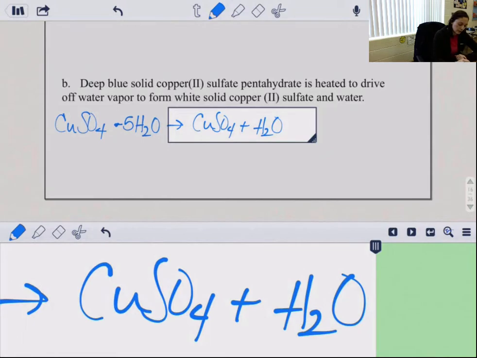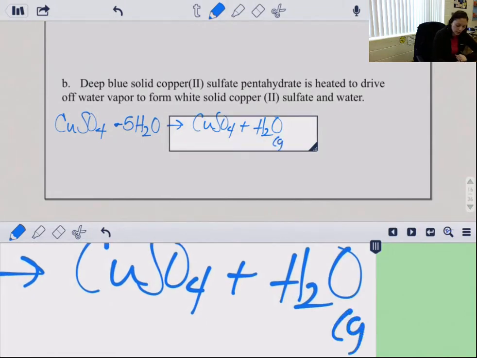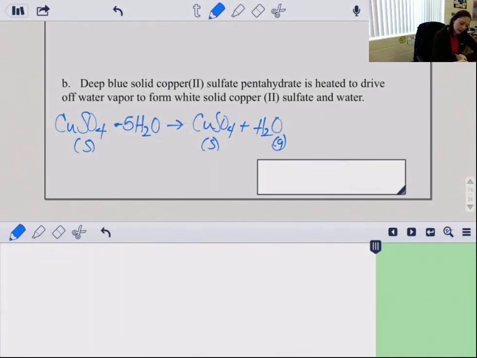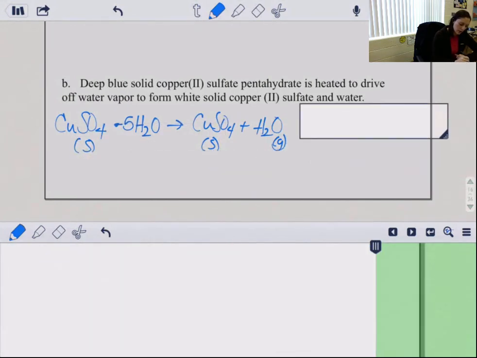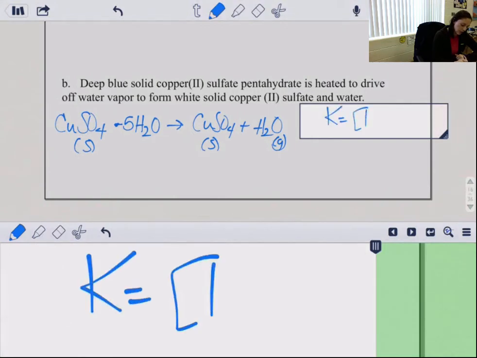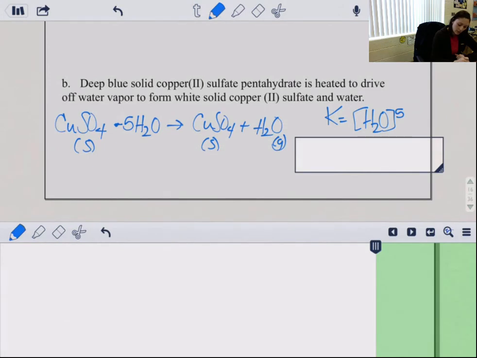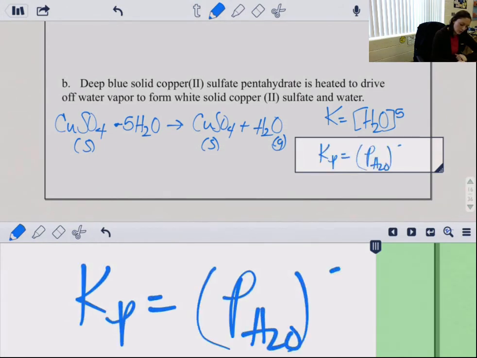If you're heating it, the water is going to be a gas. The pentahydrate is a solid, and the copper sulfate is a solid. So again, the only thing I'm dealing with here is the K of the water, because the other two are solids, and we do it to the fifth. Kp would be P of H2O to the fifth.